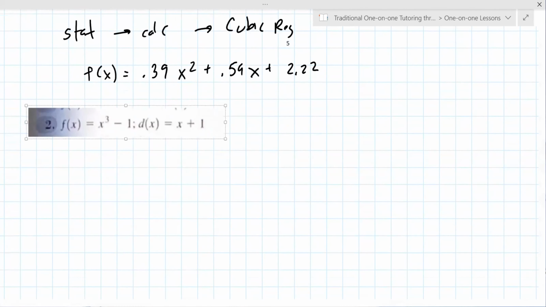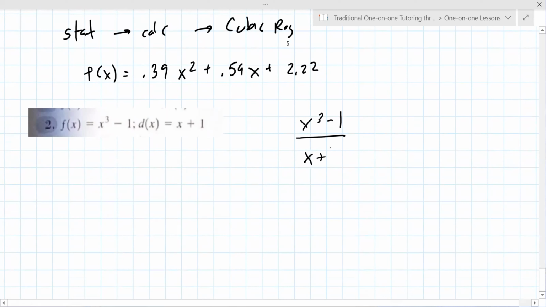So this one, number 2, it says to divide. Essentially it's x cubed minus 1 over x plus 1, and you can divide using synthetic or long division. Do you know if your instructor wants you to do synthetic or long division here?